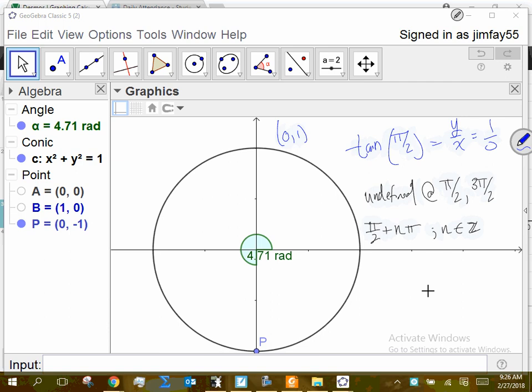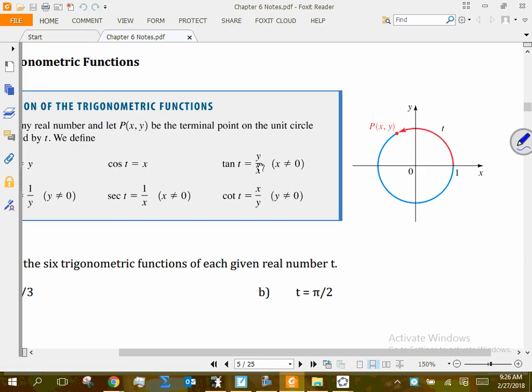So if you're ever asked one of those things, if you realize that your terminal point is on the positive y-axis or the negative y-axis on the unit circle for tangent, it's undefined because you're dividing by 0. Okay. Now I don't know if I said it, but why is it y divided by x? Well, haven't we talked that tangent is equal to sine divided by cosine?